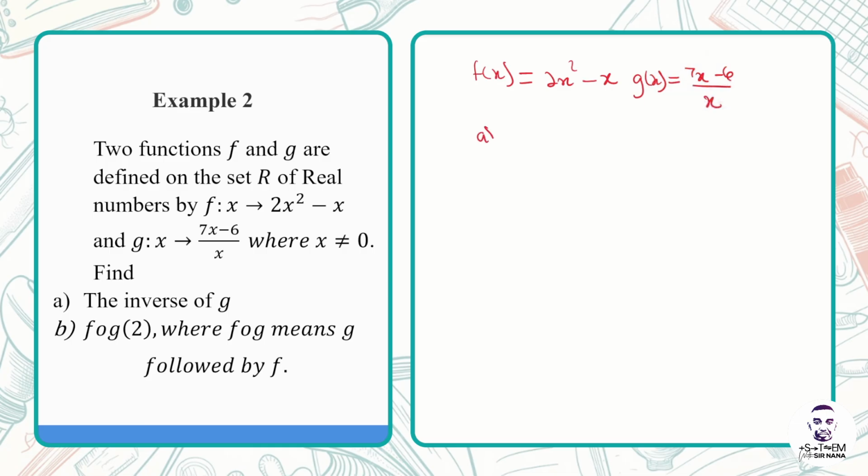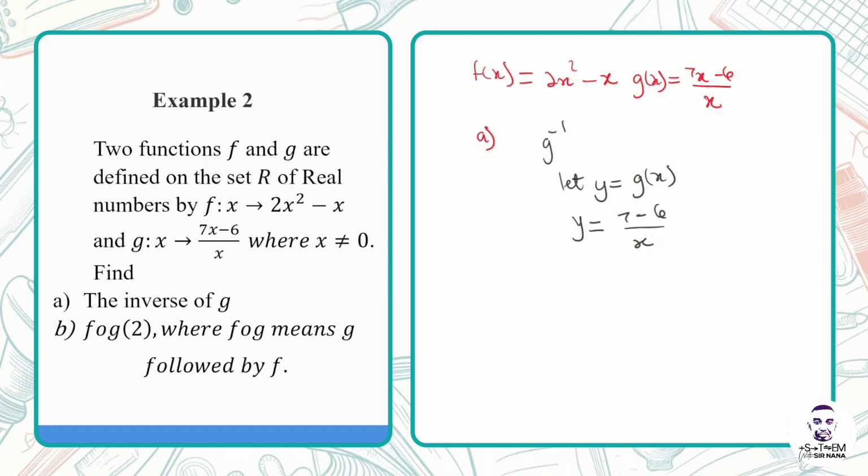In part a, we have to find the inverse of g, which is g inverse. So we let y be equal to g of x, which implies that y equals 7x minus 6 all over x.